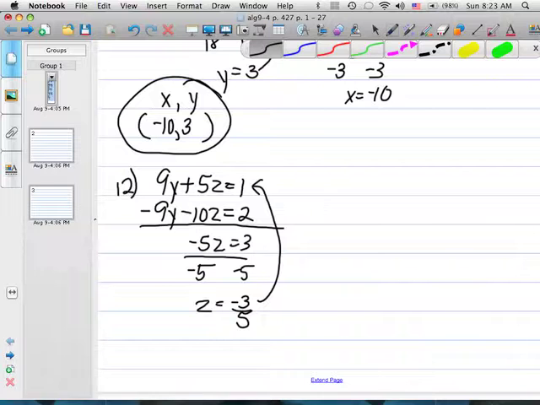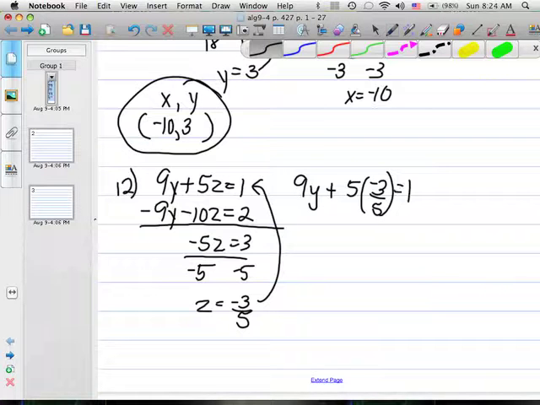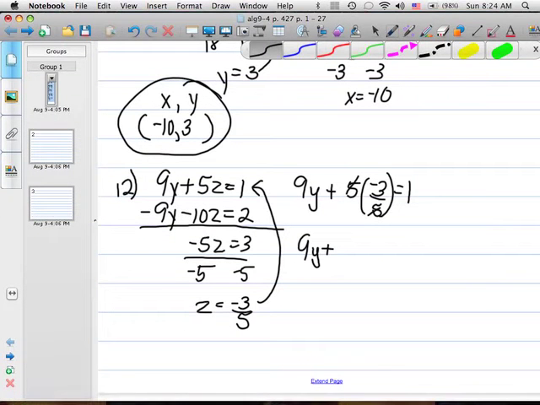Substituting back in, 9y plus 5 times -3/5 equals 1. So 9y, the 5's cancel, plus negative 3, or I'm just going to change it to minus 3, equals 1.